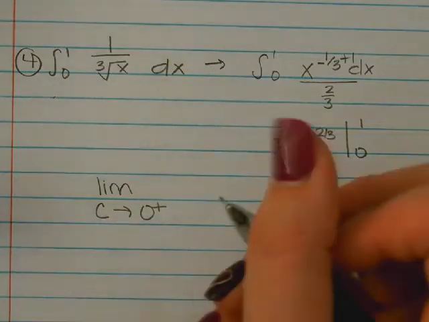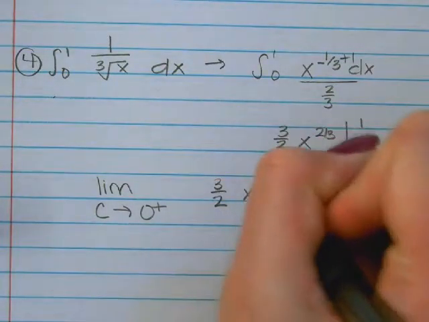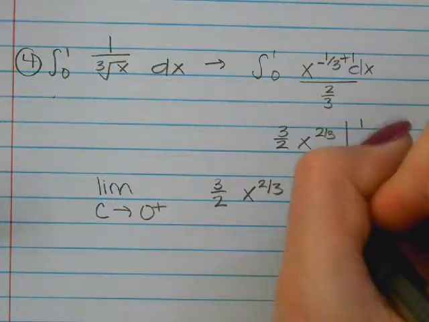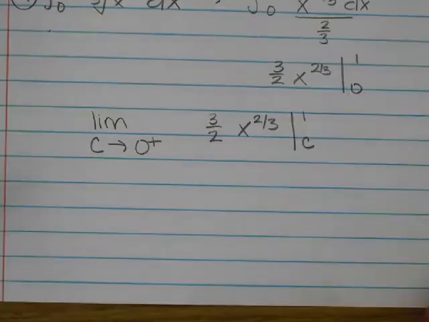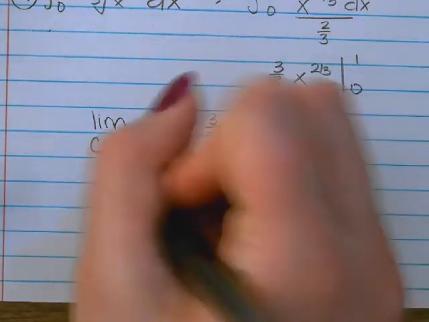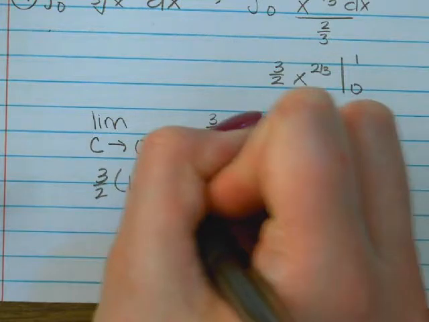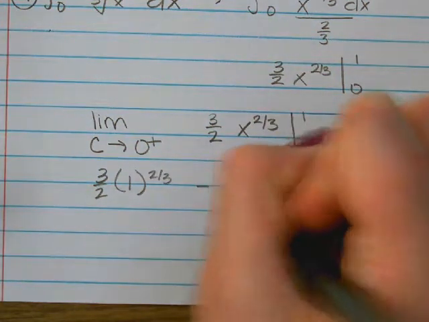So we're doing right bounds, and we're going to do 3 over 2 x to the 2/3, evaluating it from c to 1. So I've got 3 over 2 times 1 to the 2/3, minus 3 over 2 times c to the 2/3.